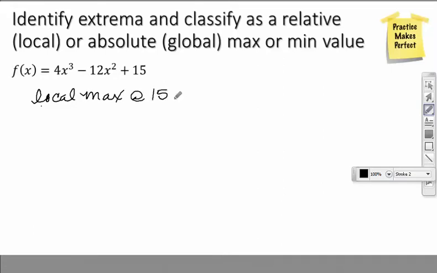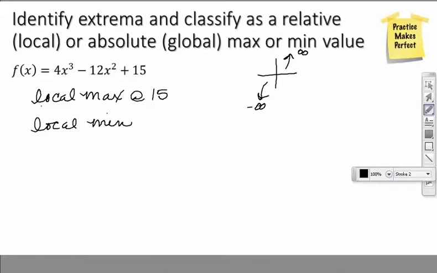That's all you've got to put. And then we're also going to do this to find our local minimum. And since our end behavior looks like this, and we know it's going to infinity, there is no absolute or relative max and min. They're only going to be local.